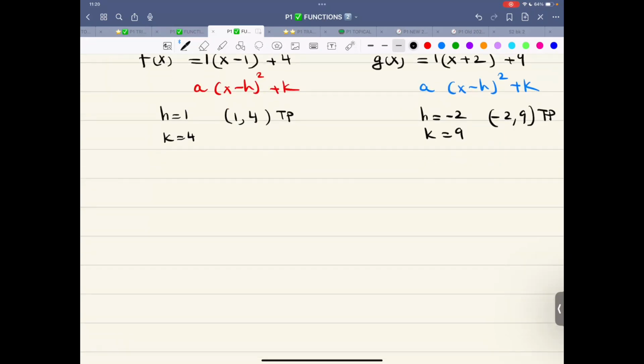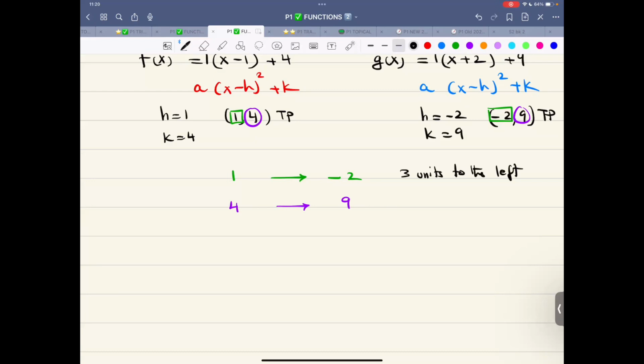Now, what's happening to the turning point? If I focus on the x coordinate, 1 is becoming -2. So 1 is transformed to -2. If I focus on the y coordinate, 4 is converted to 9. That means there is a movement of 3 units to the left.